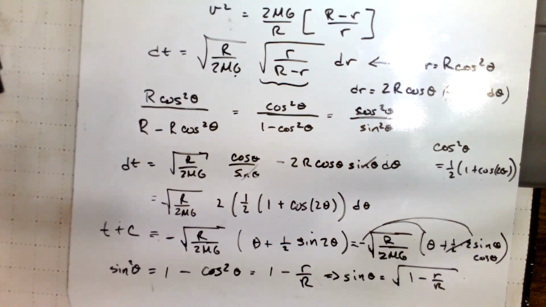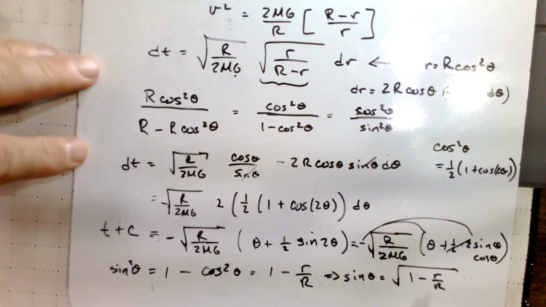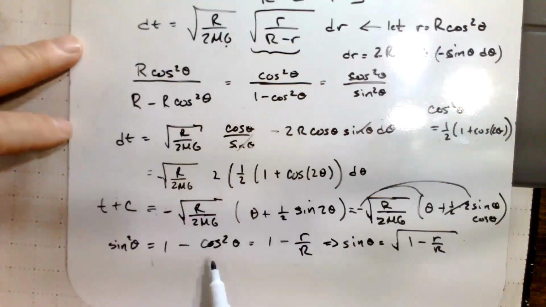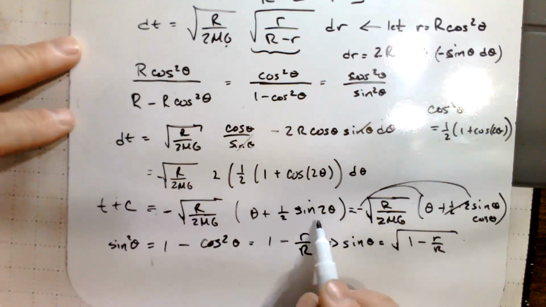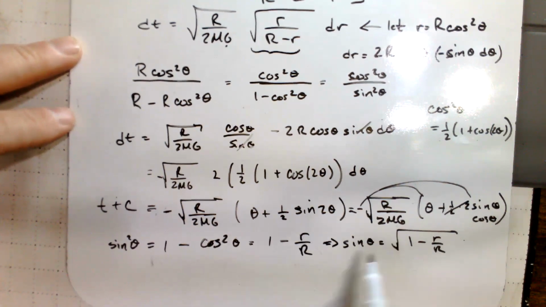Yeah, as it should. That's a different way of doing it. I like that. It's kind of fun. Okay. Nice. So we have sine of theta and cosine of theta.